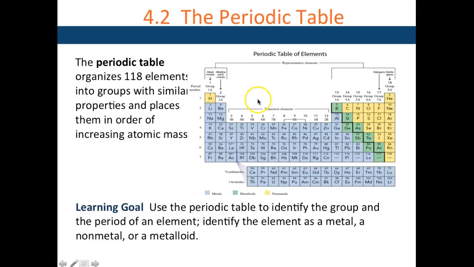All right. So you have 2 elements in that first period, and then you have 8 and another 8 elements in the second and the third period. And then you have 18 elements in the fourth period, and another 18 elements in the fifth period.